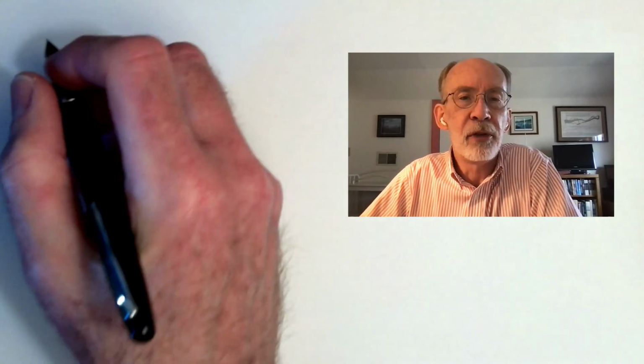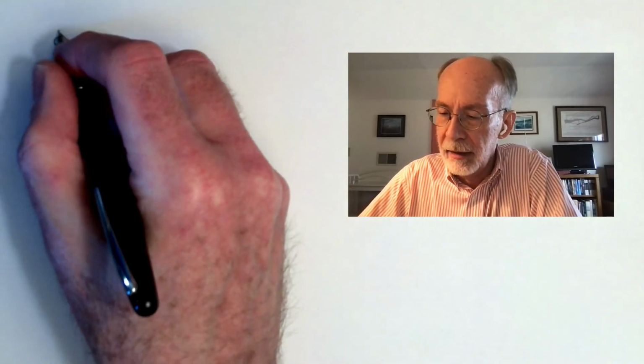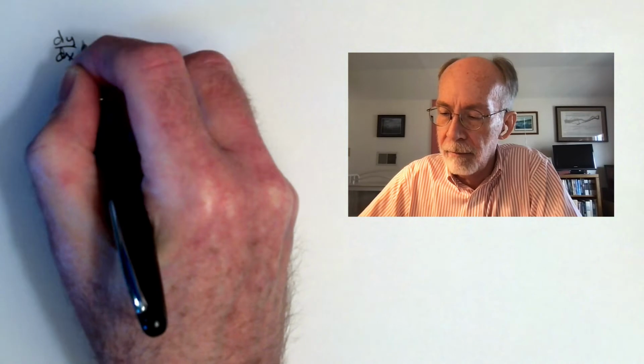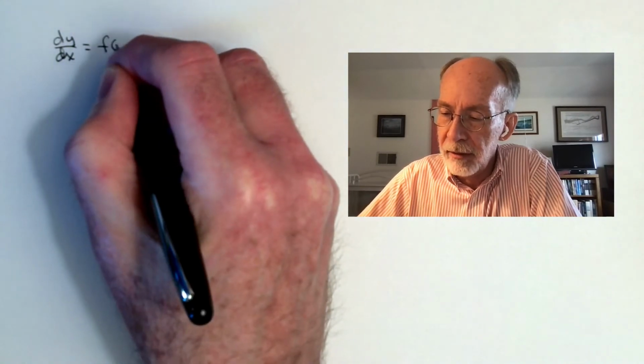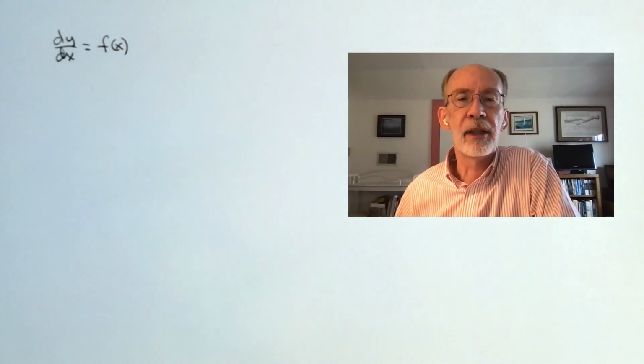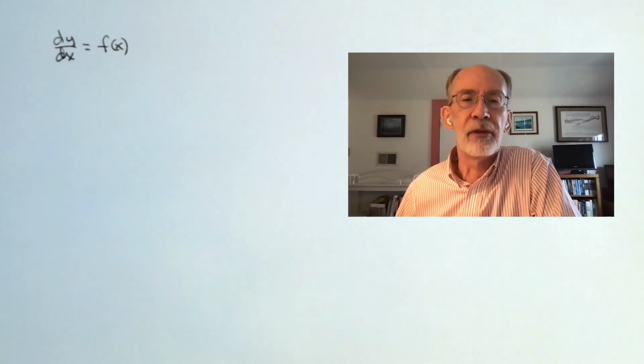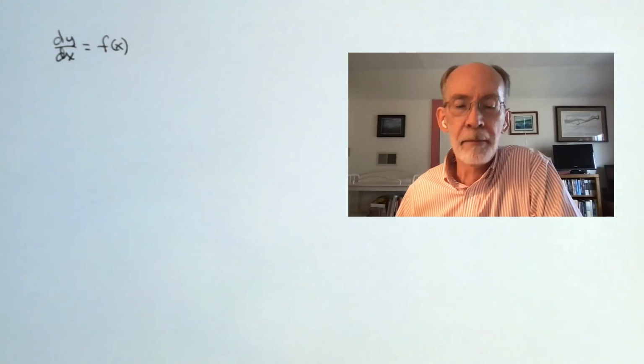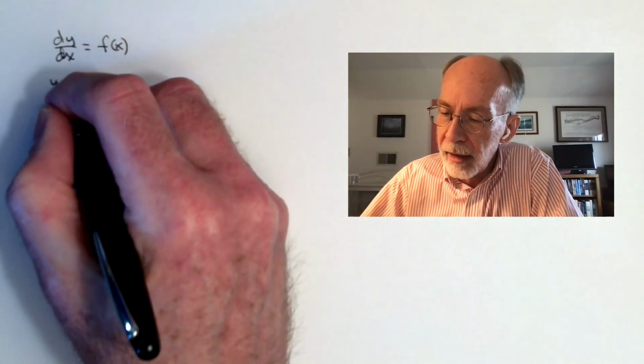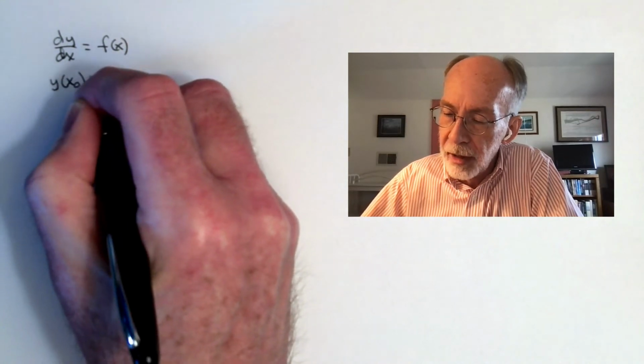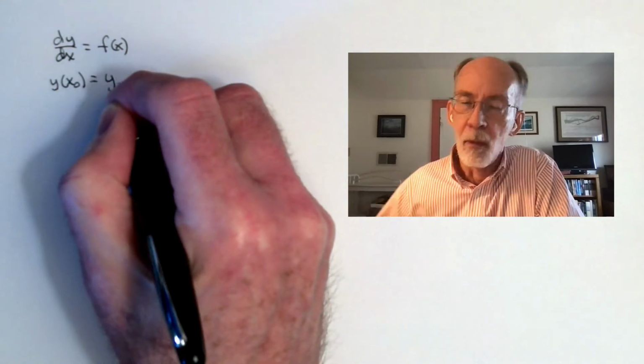Let's take a look at how this plays out generically. Suppose we have a function y, and its derivative is given by f of x. And let's suppose that f is continuous, so the fundamental theorem is in play. And let's suppose that y of x naught is equal to y naught.